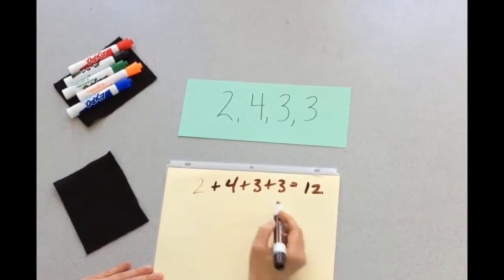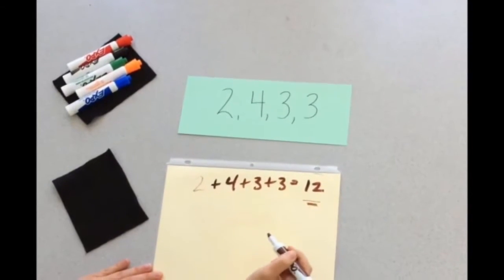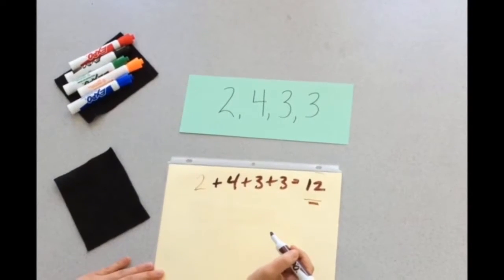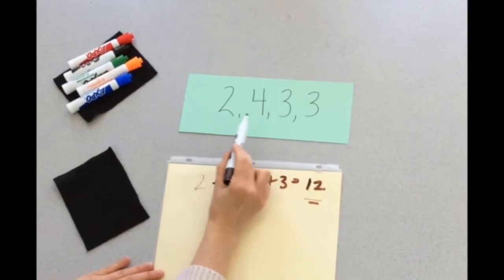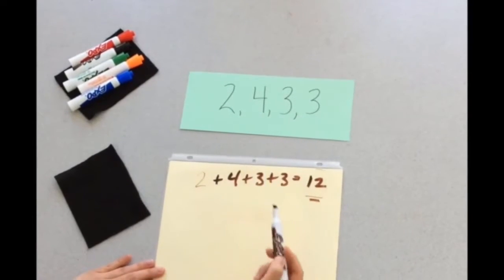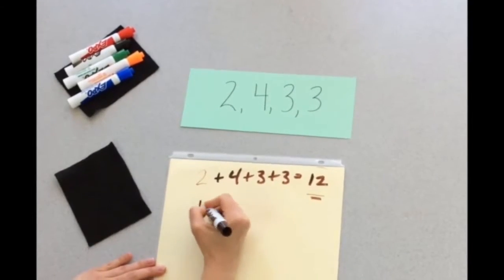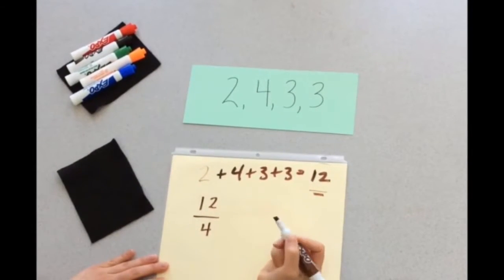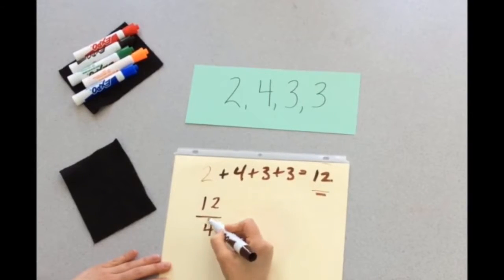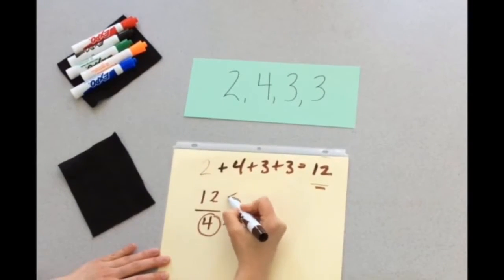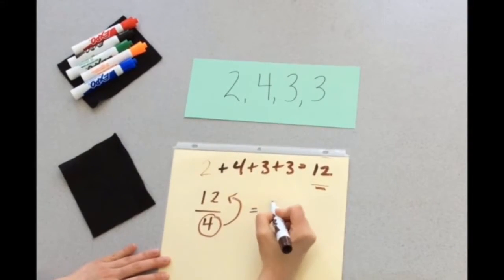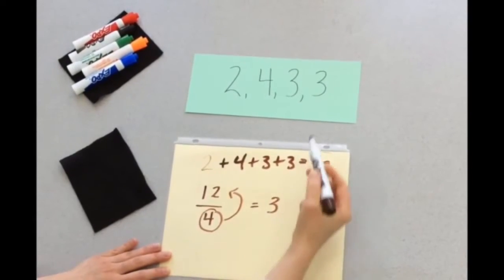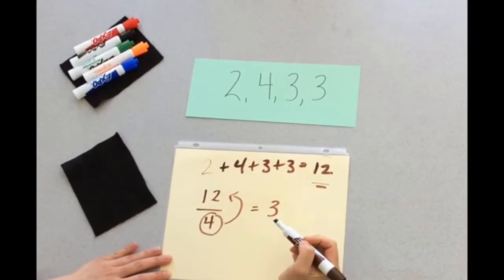Next, we need to take our sum, which is 12, and divide it by the number of items in our data set. 1, 2, 3, 4. There are 4 numbers in this data set, which means we need to take our 12 and divide it by 4. We ask ourselves, how many times does 4 fit into 12? The answer is 3. The mean of this data set is 3.